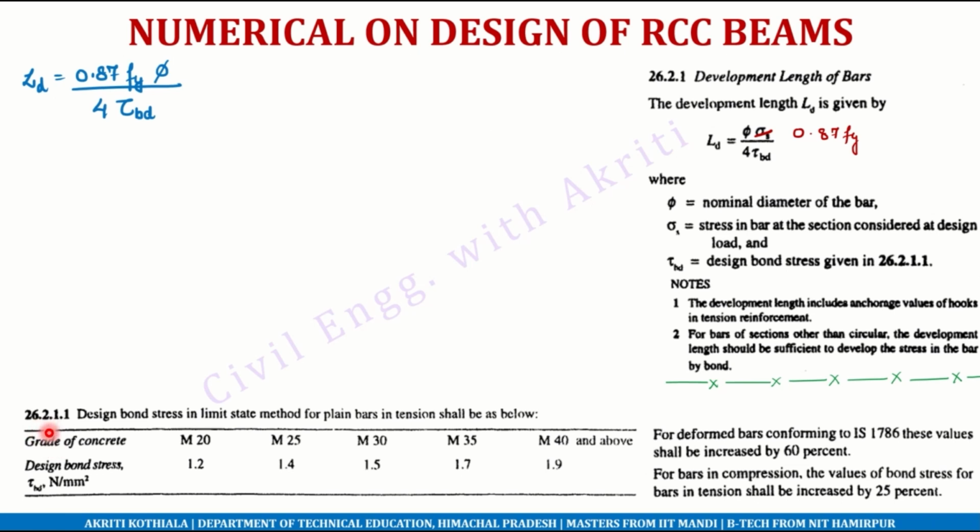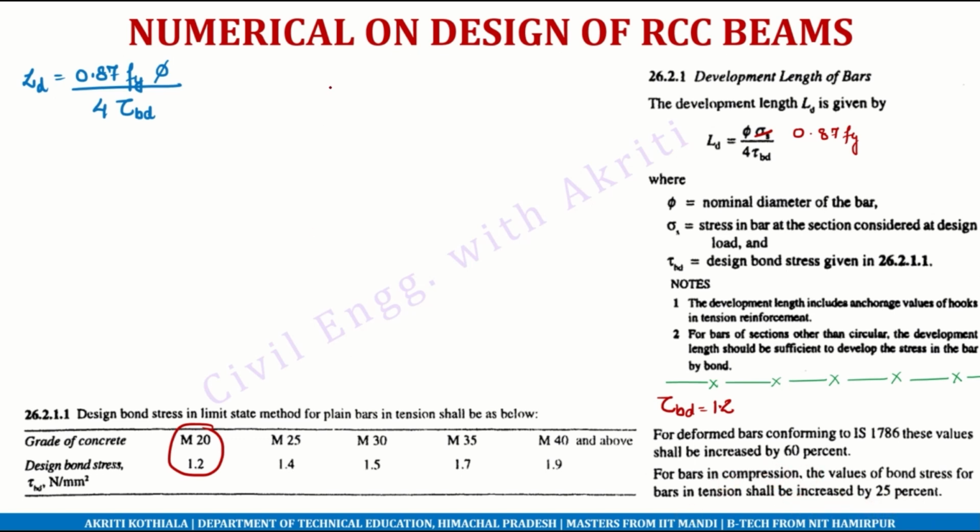As per this clause, for M20 concrete, tau bd is equal to 1.2. And the clause further says that for deformed bars conforming to IS 1786, these values shall be increased by 60%, and in case of compression, it should be further increased by 25%.